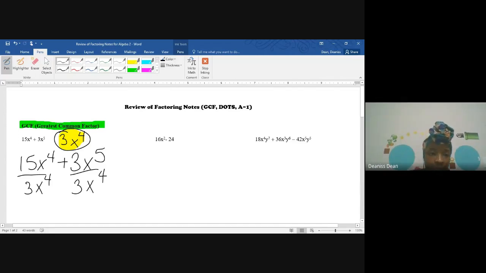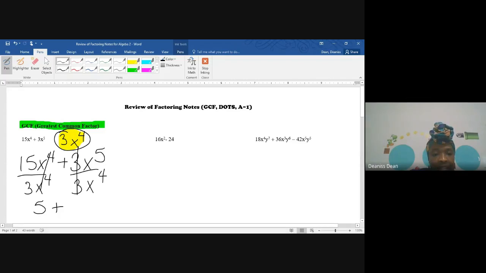Then I just divide like I normally would. 15 divided by 3 is 5. x to the 4th over x to the 4th cancel each other out, so I don't have any x's there. I have my plus sign. 3 divided by 3 is 1.